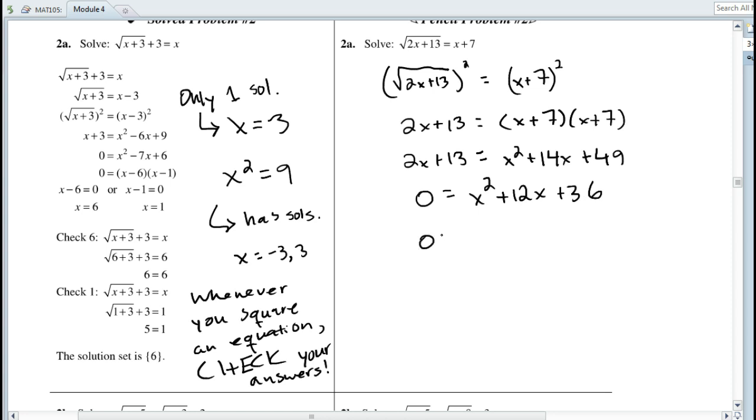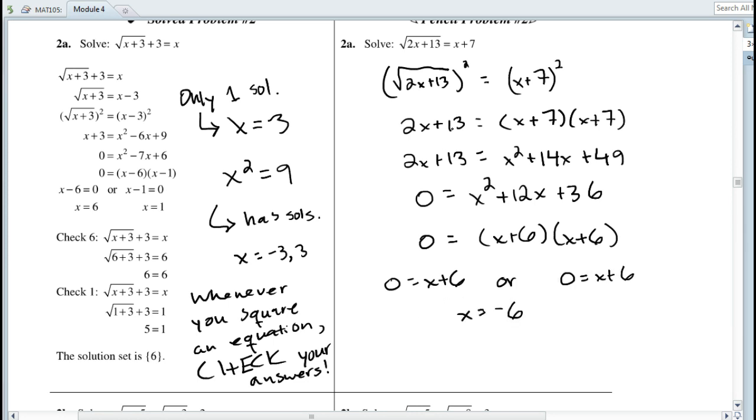So then we get 0 equals, and then you can factor this into x plus 6 times x plus 6. So either x plus 6 equals 0 or x plus 6 equals 0. And we get x equals negative 6 as the only solution.